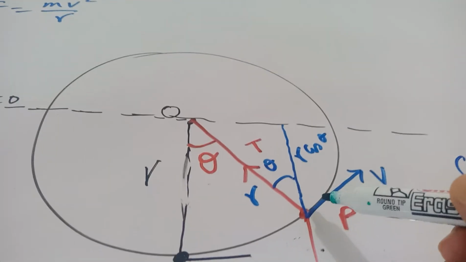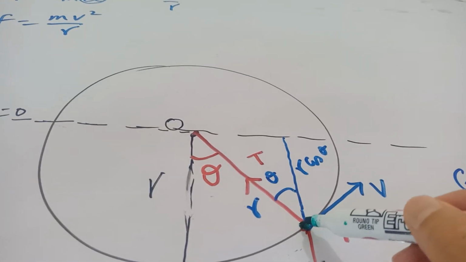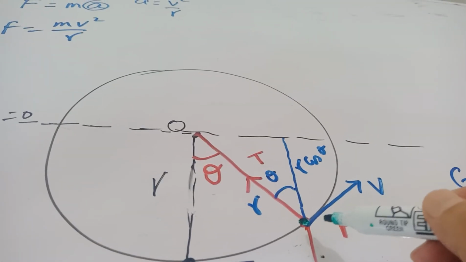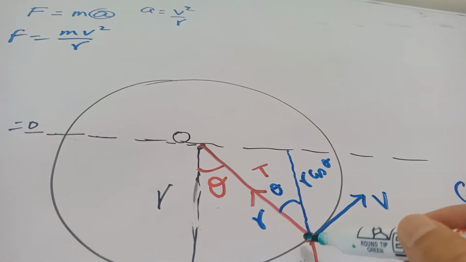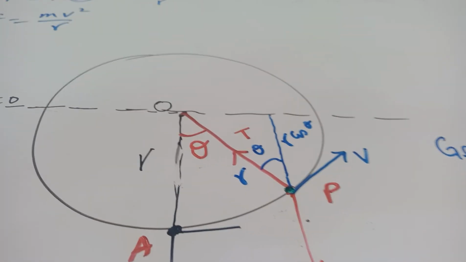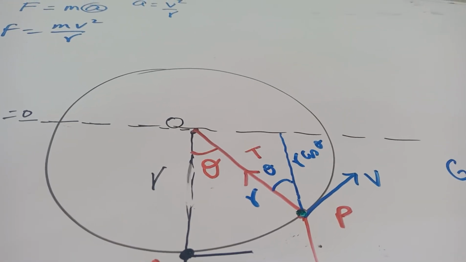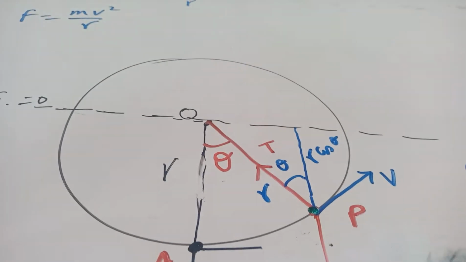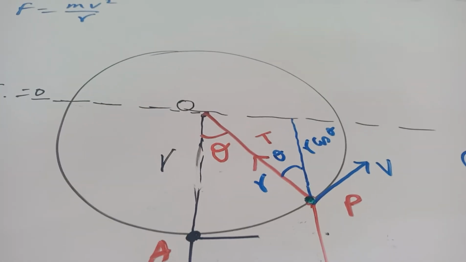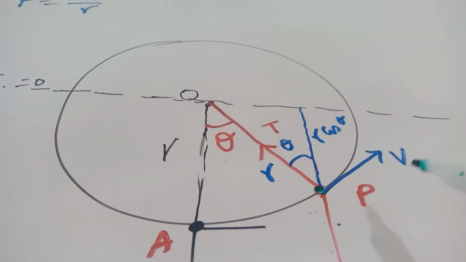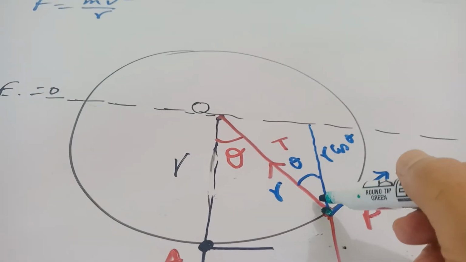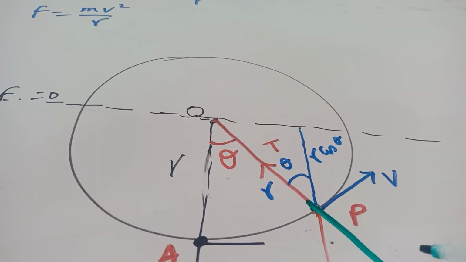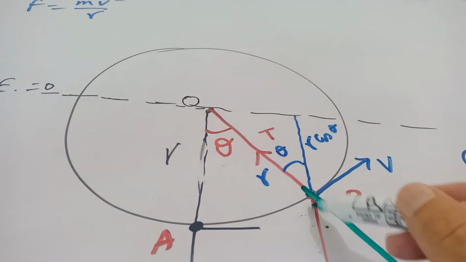Now you see there is one thing, the weight of this particle, and the other is the tension in the string that is making this move in this circular locus. So we have to resolve the weight in the direction parallel and perpendicular to this tension. So I shall be extending it like this, remember, like this, and this is the weight.